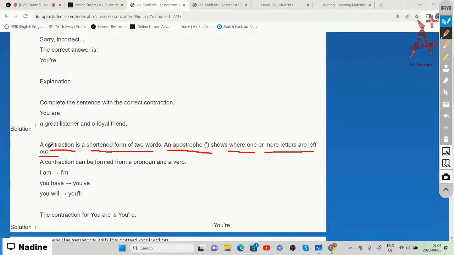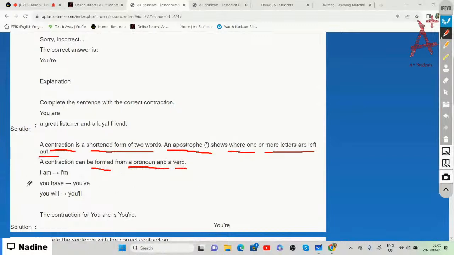And a contraction can be formed from a pronoun and a verb, right?